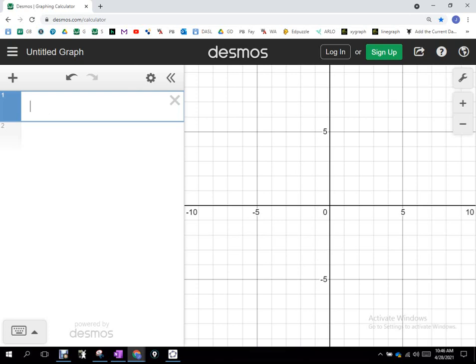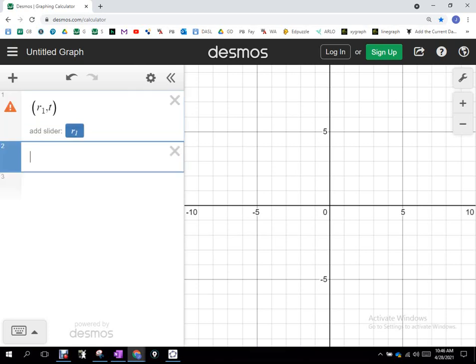So what I want to do is eventually figure out, if they give me r comma theta, how can I take that information and convert it into rectangular form? Well, just because I don't want to use r, I'm going to use r with a subscript of 1 there. Don't worry about the slider yet.